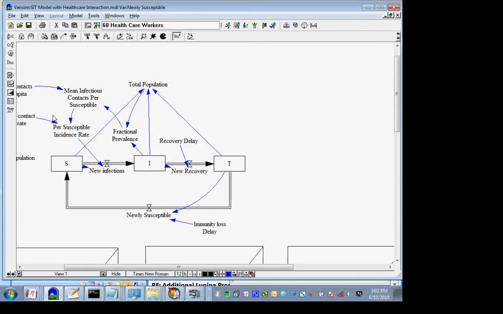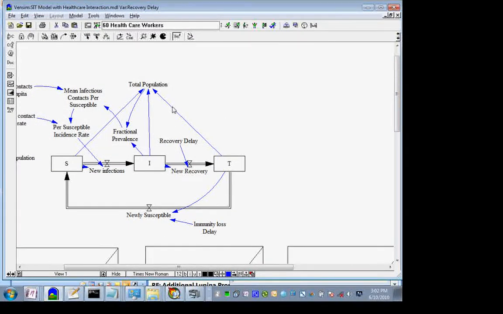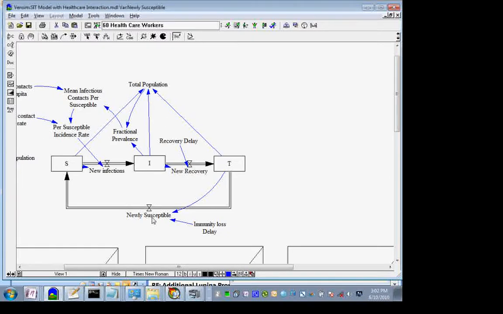Oh, it was already in days. So this is based on a whole calculation there, which I'm not going into. So immunity loss delay, and this is person per day and person. Yeah, we may expose that later, but for now, let's focus on this simple structure.